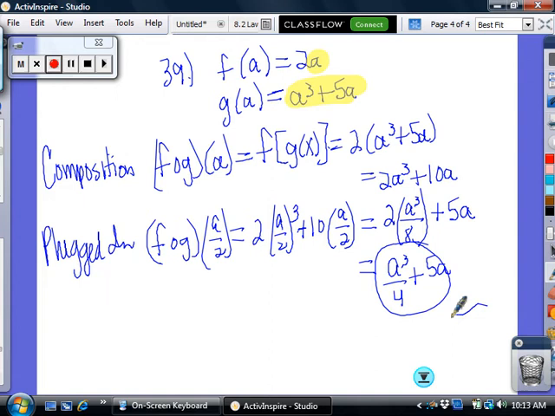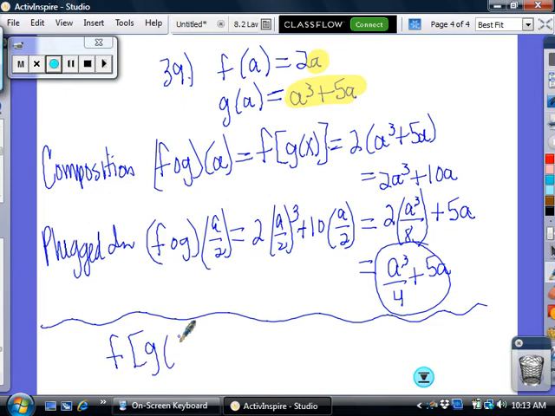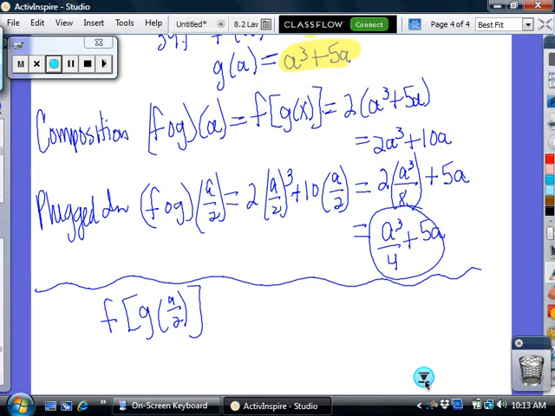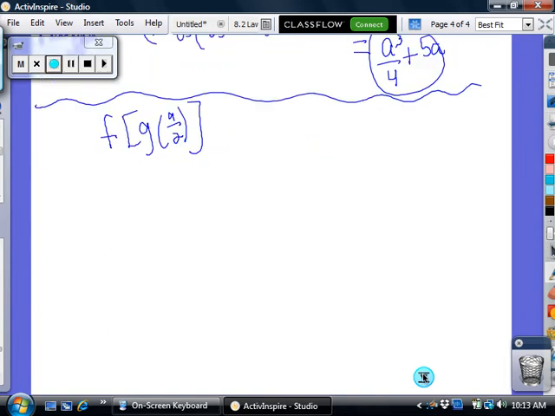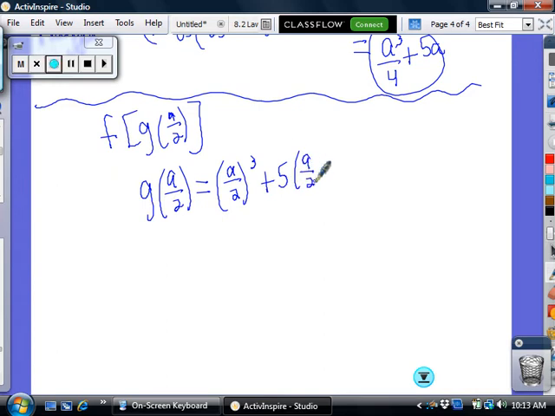Okay, the other way that you're talking about doing it is to find f of g of a over 2. And we'll get the same final answer. So into g, we're going to plug in a over 2. So that would be a over 2 to the third power plus 5 times a over 2.